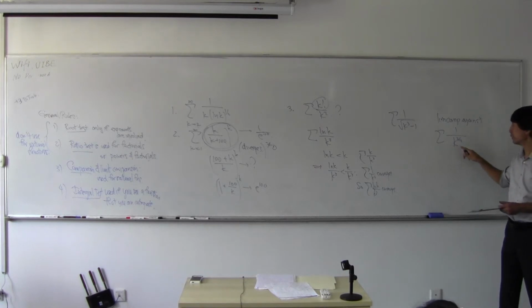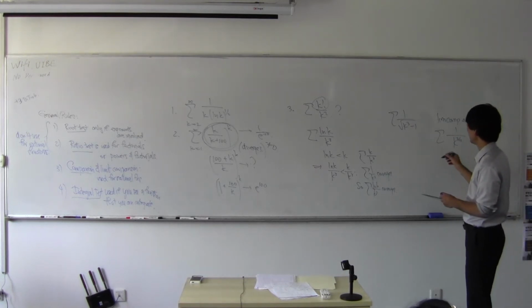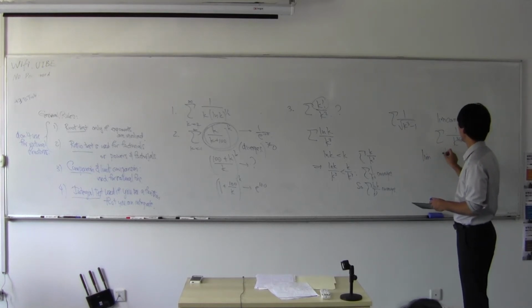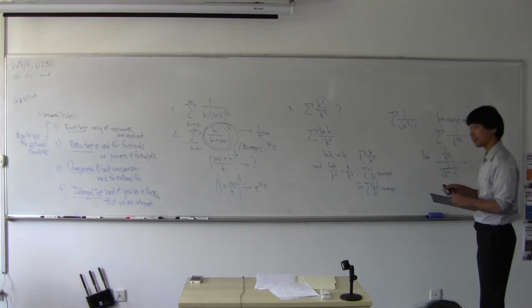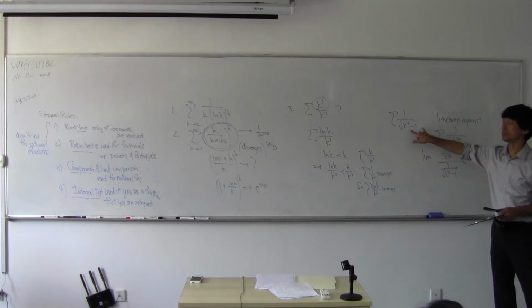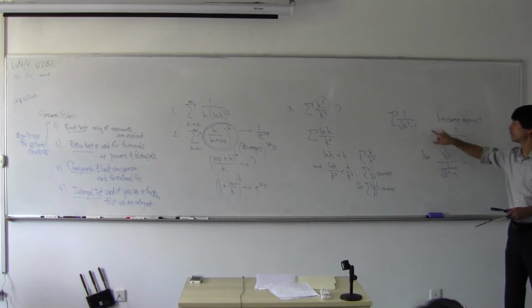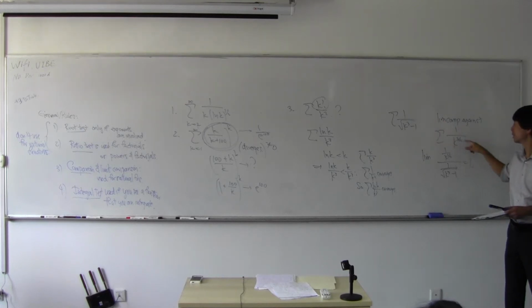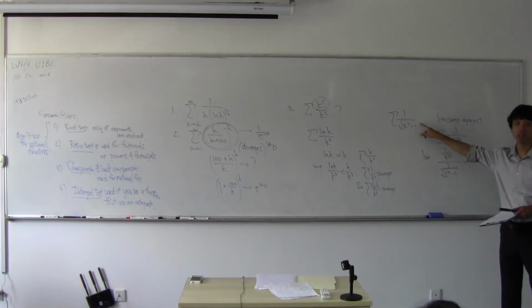In the limit, this over this is going to be 1. So either they both converge or they both diverge. And since you know this one converges, you know that this one converges.